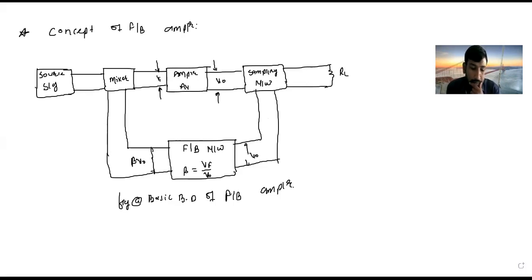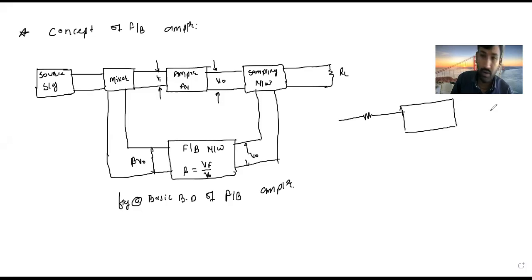Next is shunt: in a mixer block, the input is connected either in series or in shunt, based on the type of feedback connection. We see in detail one by one. If I want to connect this mixer block in series with the source, the connection diagram is like this. So this is the amplifier block.